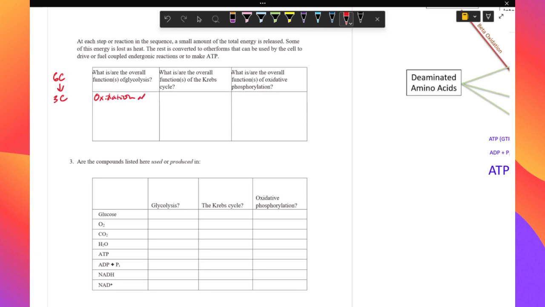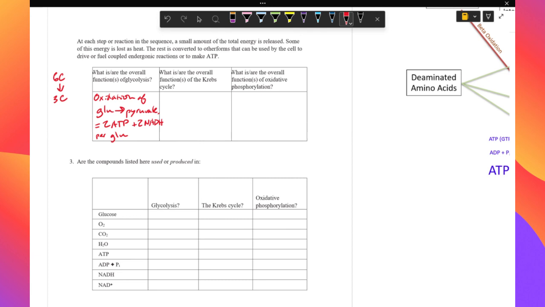So oxidation of glucose to pyruvate. This generates 2 ATP and 2 NADH per glucose. And those numbers will be important later.